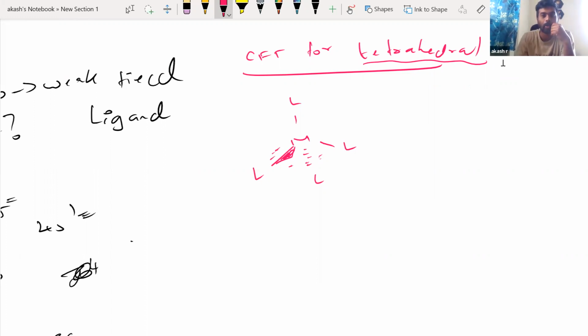So what was the direction for octahedral complexes? Only if you understand that, we'll be able to understand how the degeneracy is lost. Do you remember what was the direction of ligand approach for octahedral complexes?